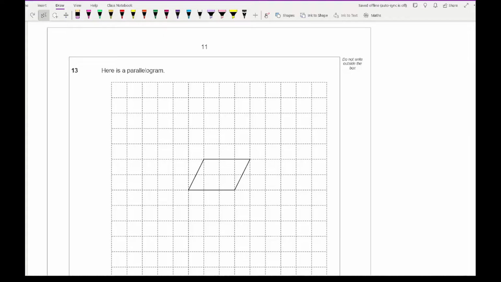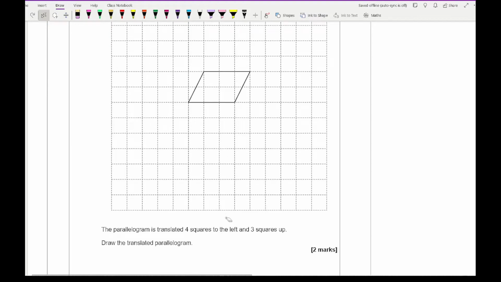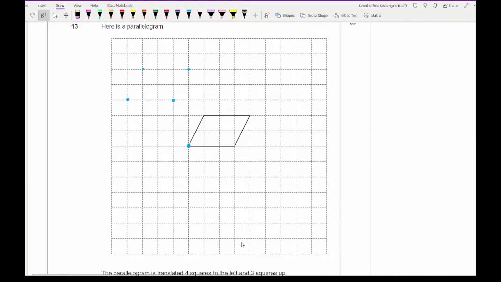Now with question 13, it says here is a parallelogram, and we need to translate the parallelogram 4 squares to the left and 3 squares up. So again, if we just start by picking 1 point, let's go for this one. 4 squares to the left and then 3 squares up means it's going to be there. Then if I repeat the process with all the other points and join those points up, and I should be using a ruler, so let's just quickly draw this neatly, we should get something that looks like this.